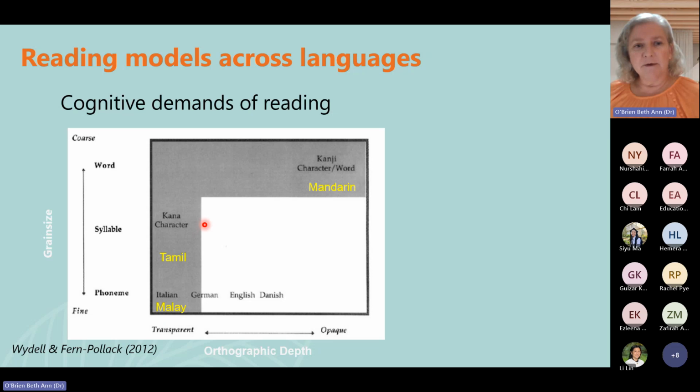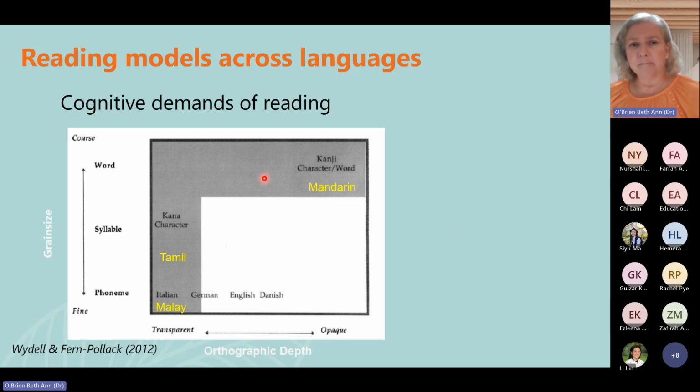And then we have languages where you have Kana script or characters that can be processed at a syllable level. And I'll describe in a little more detail the Tamil script, but Tamil is described sometimes as an alpha syllabary. So this is also a script that can be processed at the syllable level.